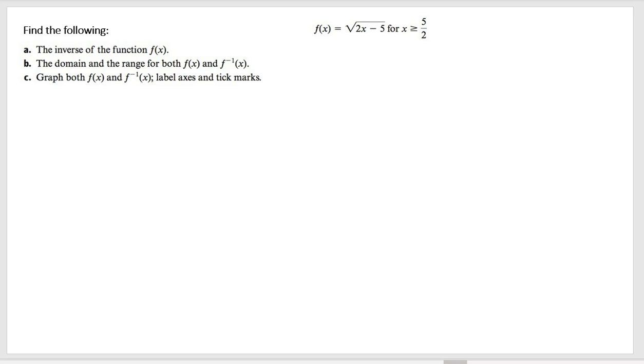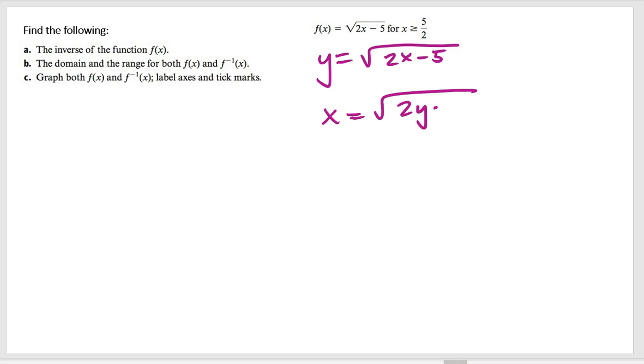To get the inverse, I'm going to replace f of x with y. And now I'm going to swap. Wherever there's an x, I'm going to put a y. And I'm going to solve for y. So I'm going to square both sides.